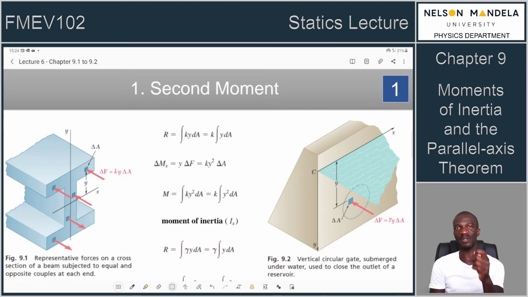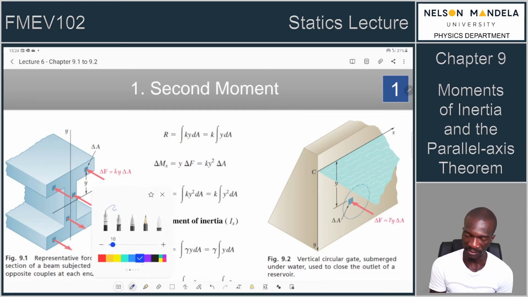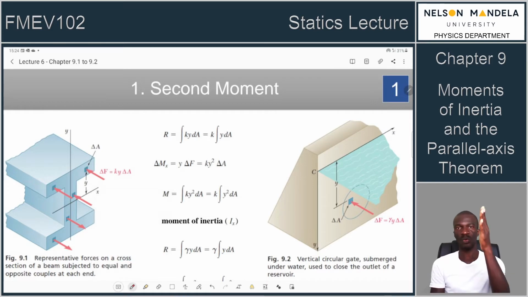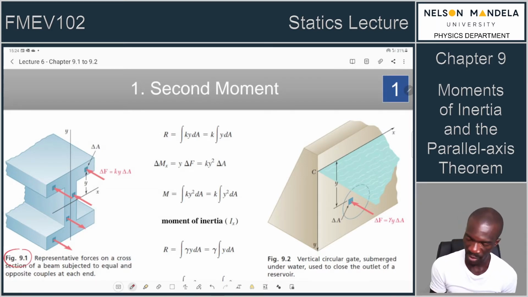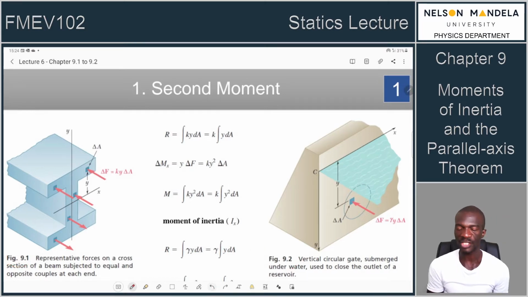We had a small letter w that represented a force that varies with length or with depth. So we also had examples of dam walls which showed a distribution of pressure with depth. Right. So figures 9.1 and 9.2 are showing us arrangements of a beam and a dam wall.